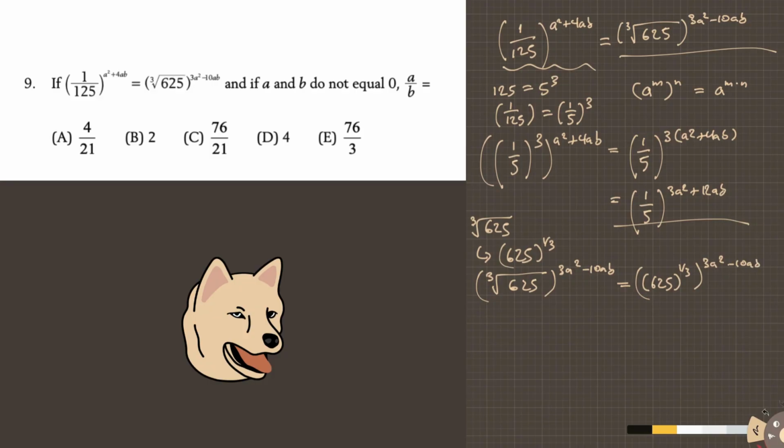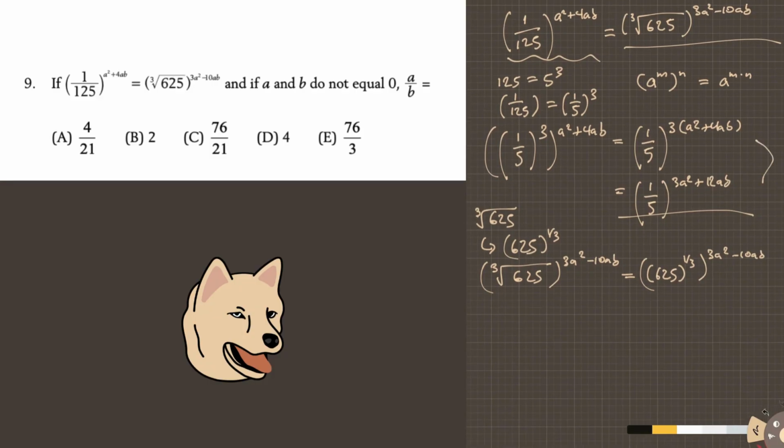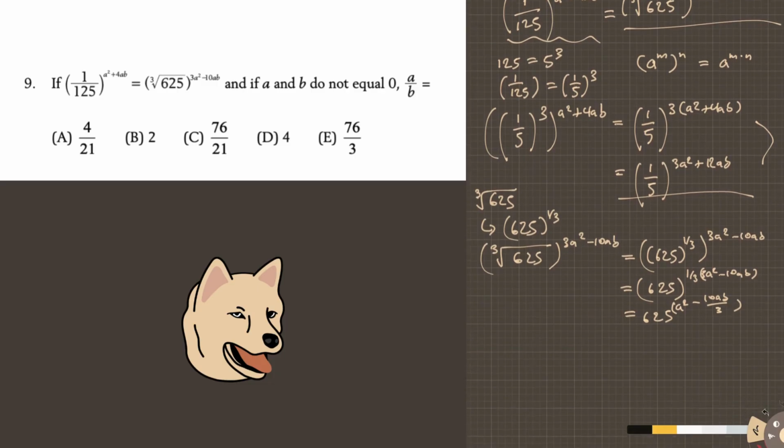And like we saw earlier, we can simplify this further to say 625 to the power of (1/3 times 3a squared minus 10ab), which is equal to 625 to the power of (a squared minus 10ab) over 3. Cool. So now we have our numbers somewhat simplified.